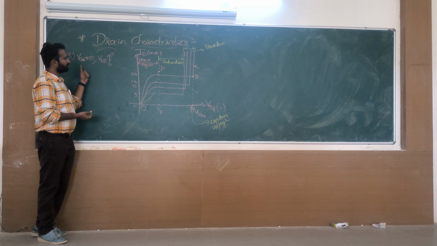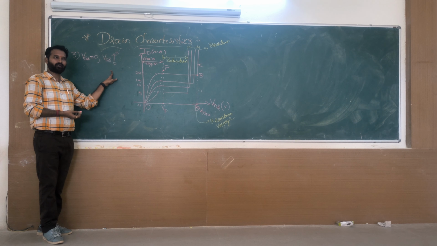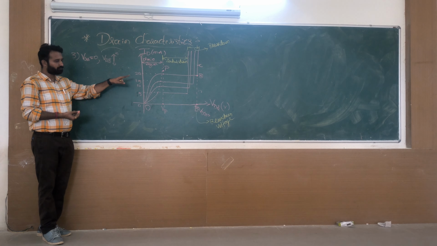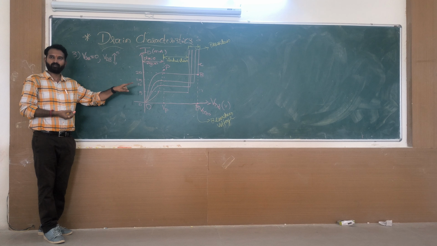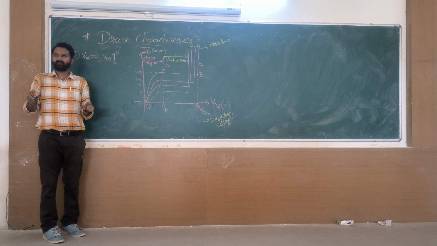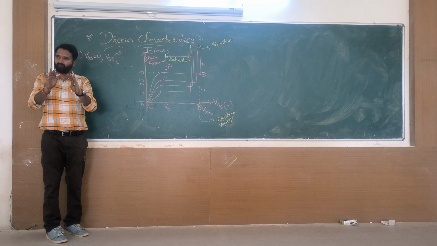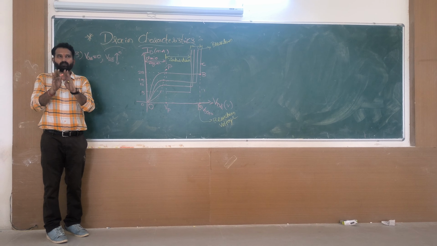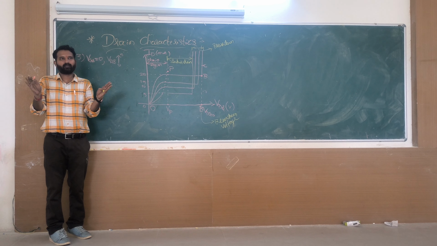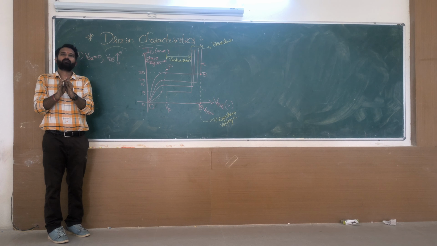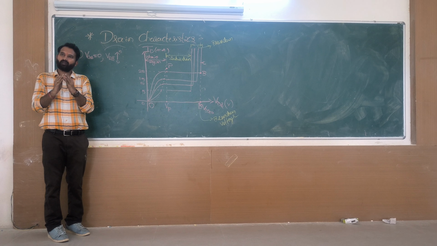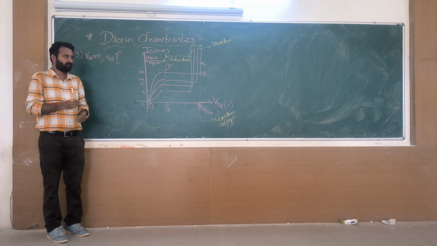So in the third case, what will happen? The PN junction of the JFET will be under forward bias condition, so there will not be any depletion layer. The depletion layer fades, becomes 0, vanishes.